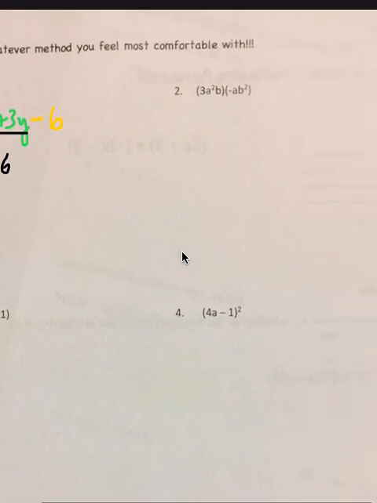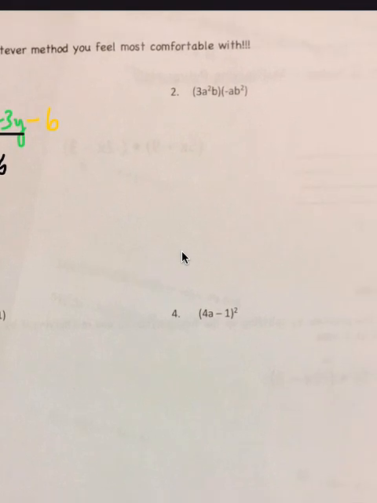Number 2, you can see it's 3a squared b times negative ab squared. So each is just a monomial. When you're multiplying these type of terms with multiple variables in them and constants, you multiply constant by constant. So the 3 by the negative sign, so that's a negative 1 times 3 is negative 3.